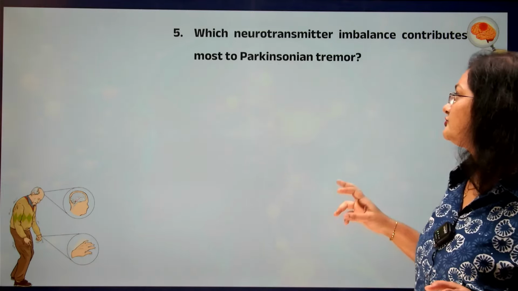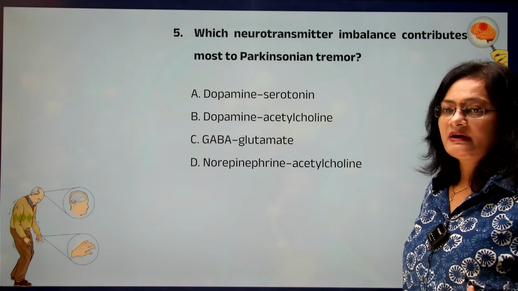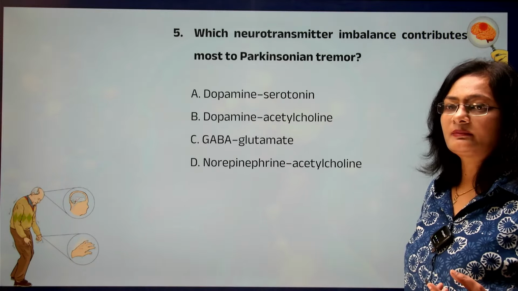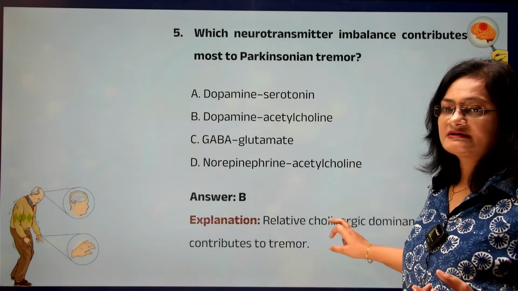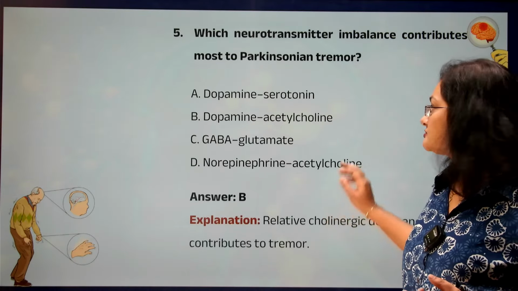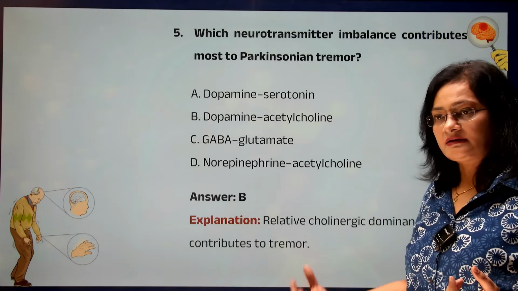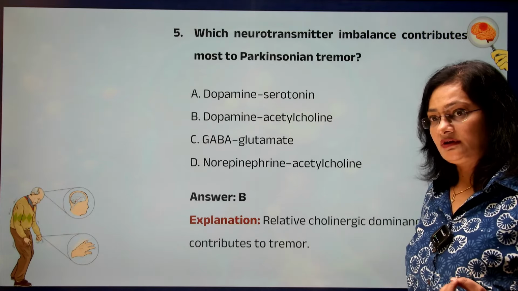The options are dopamine serotonin, dopamine acetylcholine, GABA and glutamate, and norepinephrine and acetylcholine. So our answer will be dopamine and acetylcholine. Dopamine is centrally acting, acetylcholine is peripherally acting at the level of the neuromuscular junction.